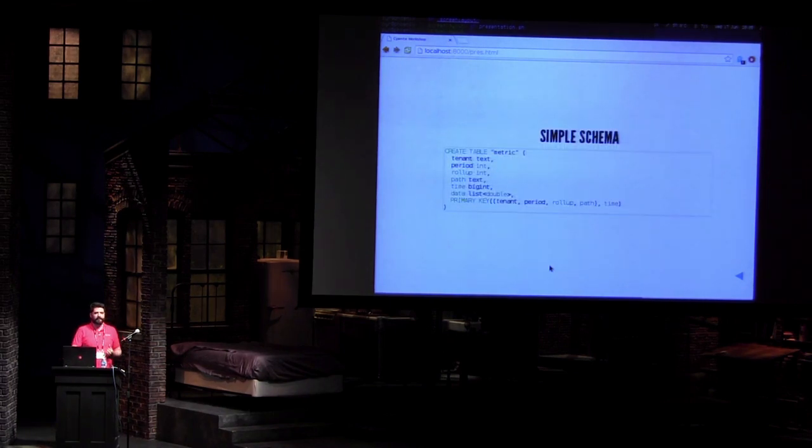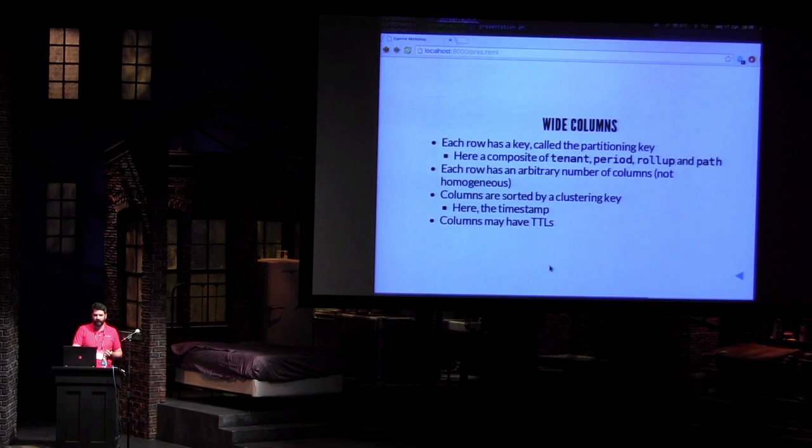And it's that property which makes it quite efficient for Cassandra to retrieve time series beginning at a certain date and ending at a certain date, because everything will be sorted, and extracting that data will be a low latency operation, provided the cluster is not falling over. And columns may have TTLs so that data gets evicted after a while.